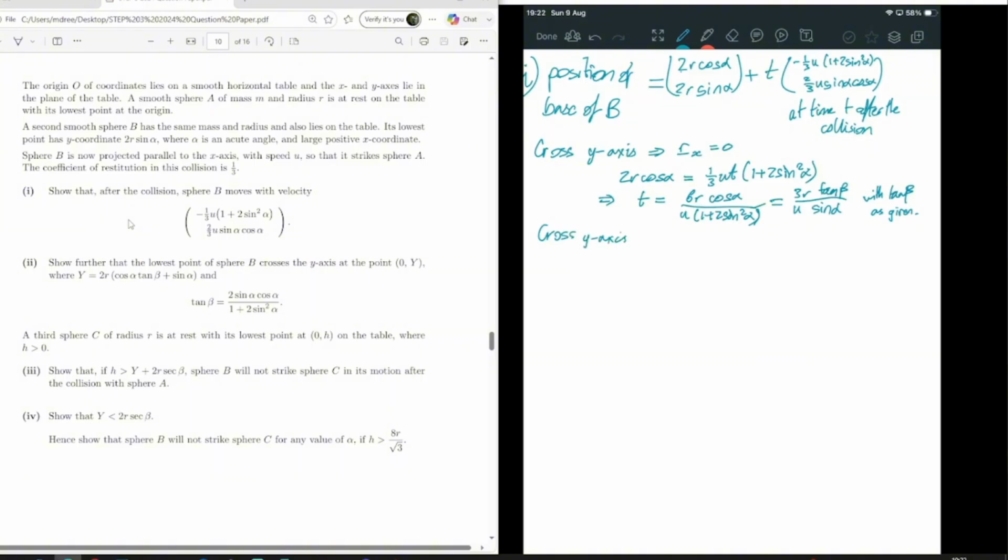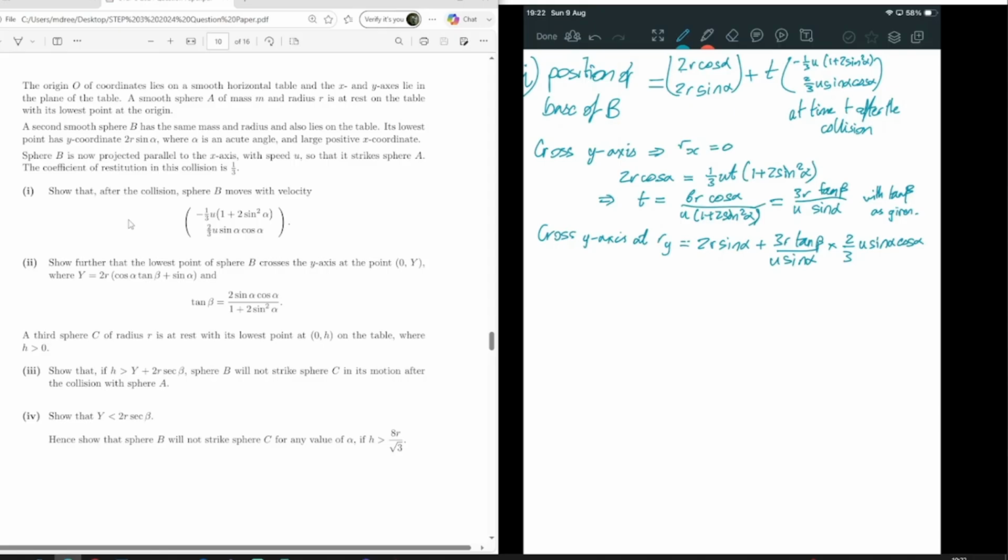So then we cross y-axis at ry. I shouldn't be underlining these because these are just coordinates rather than an entire vector. So the x coordinate and the y coordinate, so ry is going to be 2r sine alpha plus t, which is 3r tan alpha over u sine alpha times 2/3 u sine alpha cos alpha.